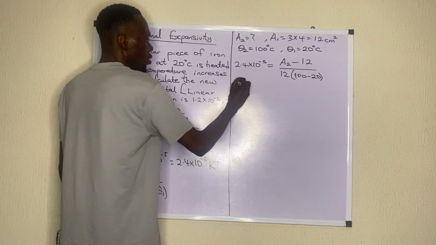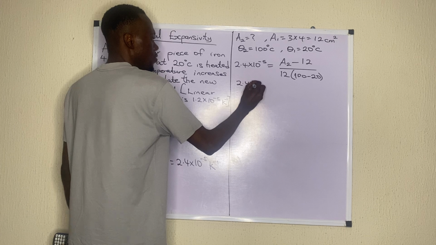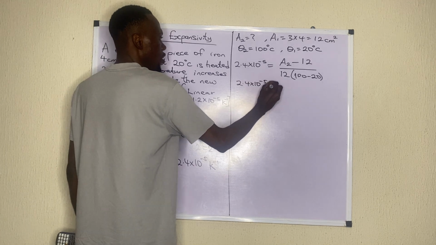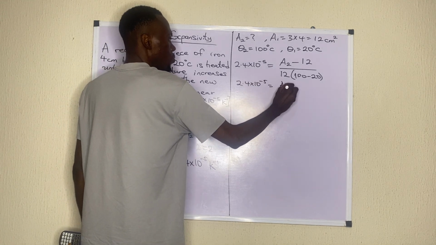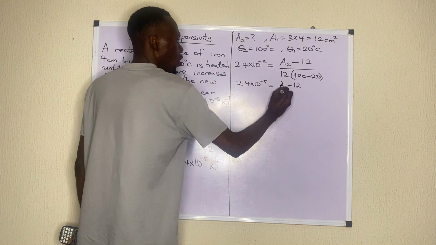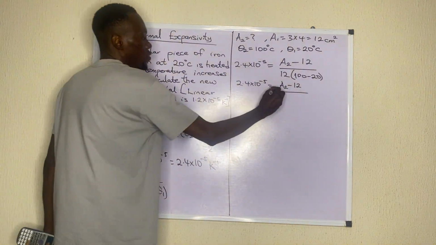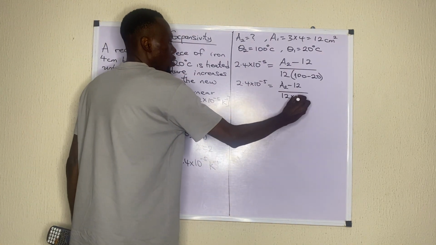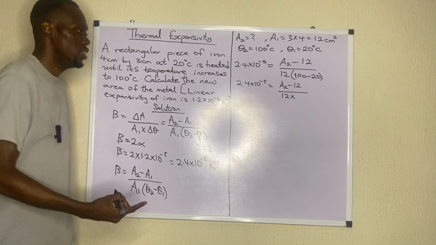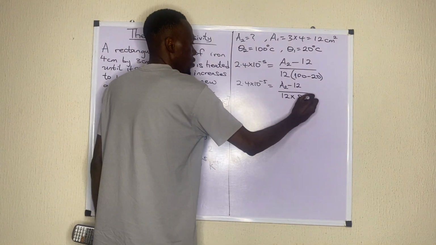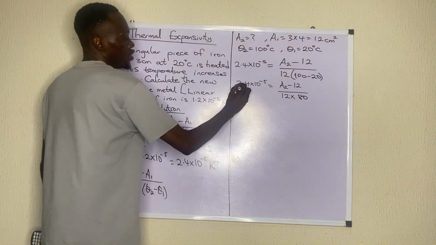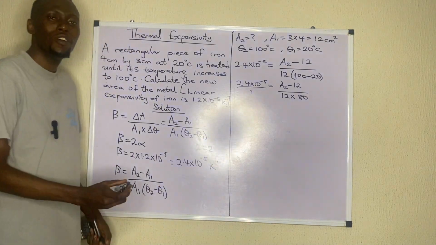So this will give me 2.4 times 10 raised to the power minus 5 is equal to A2 minus 12, all over 12, times 100 minus 20, which will give us 80. This is the same thing as over 1, right?